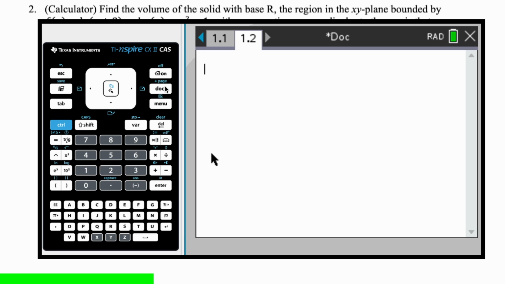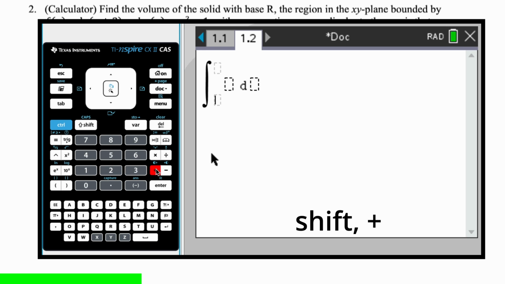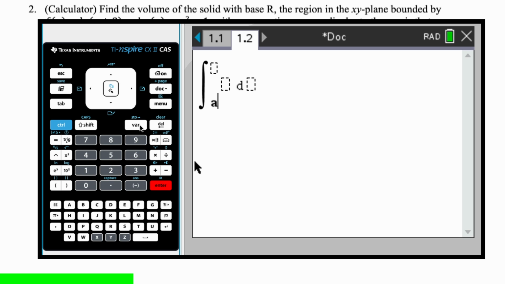So what I want to do is an integral. I'm going to do shift and then plus. And I want to go from A to B, or from -1 to the B value. There's no reason to store -1. And then I'm going to press tab. And now I need to do 5 times the base.